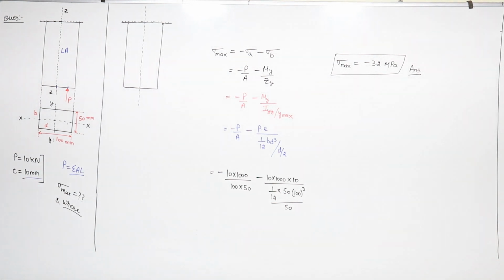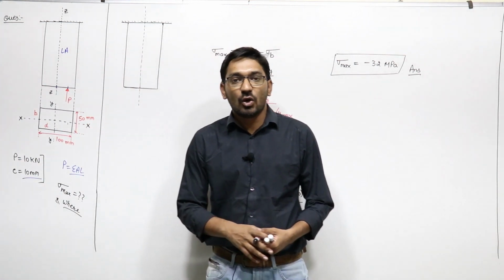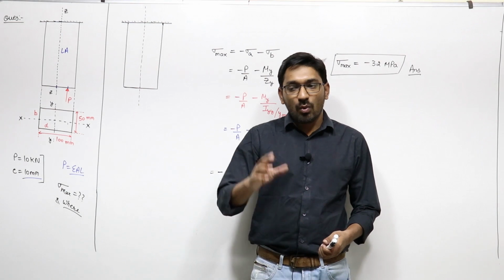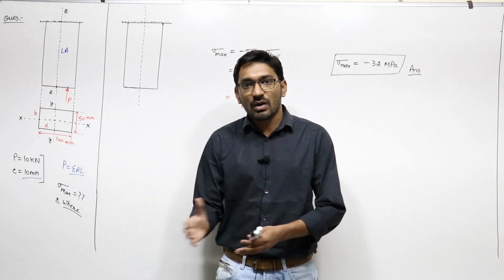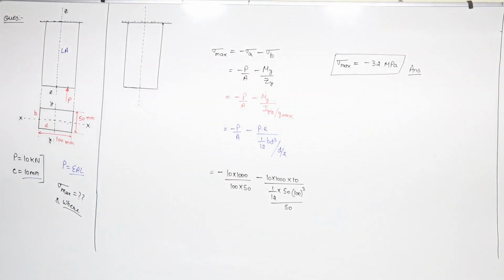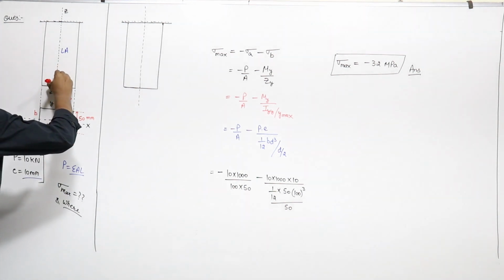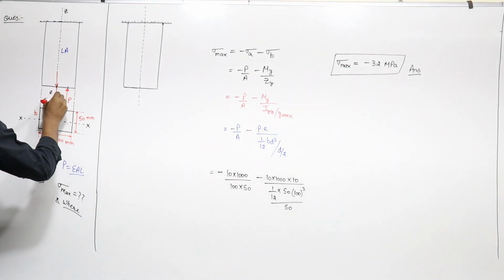Earlier also we know that one eccentric axial load will be equal to one axial load and one constant bending moment. We know the procedure to replace it. I am just applying two equal and opposite loads at this neutral axis.